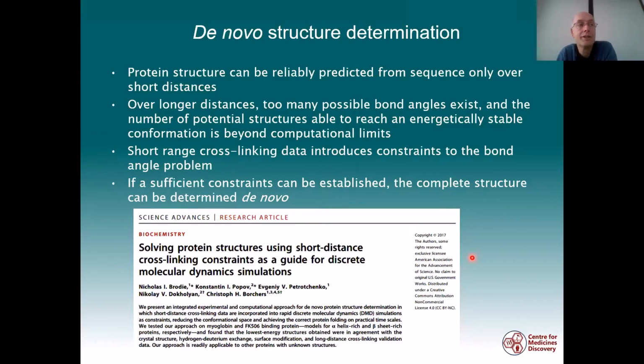So you don't necessarily need to have crystallography data or cryo-EM data. I would say that cross-linking mass spectrometry has some way to go before this is possible, but it is a theoretical possibility.